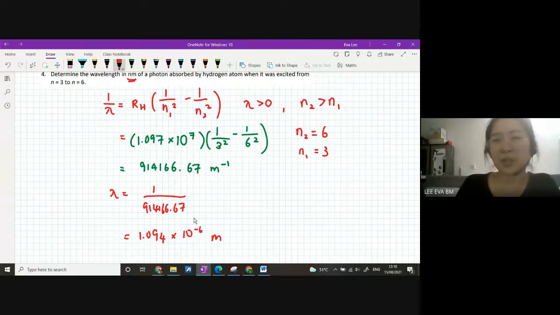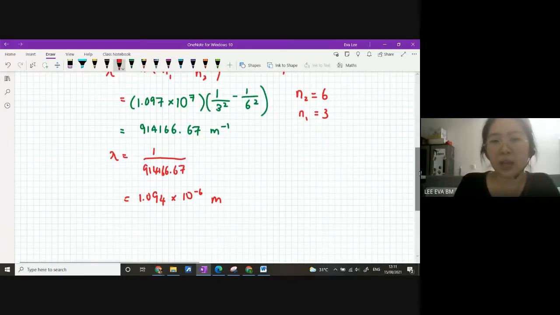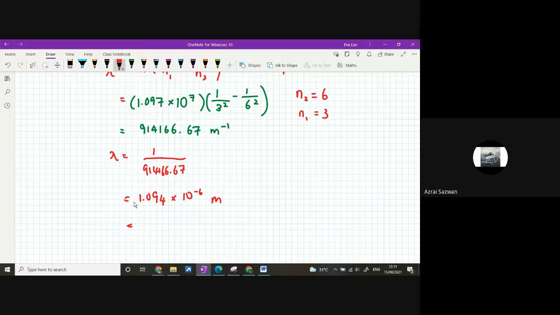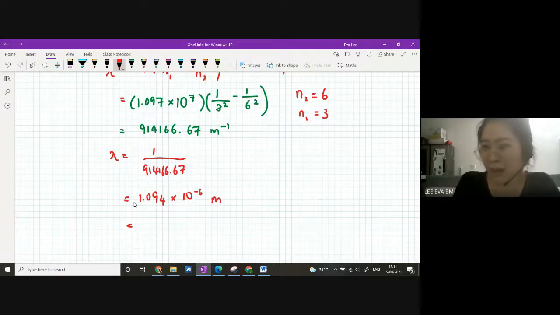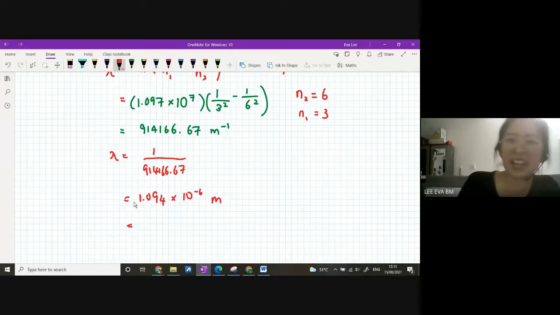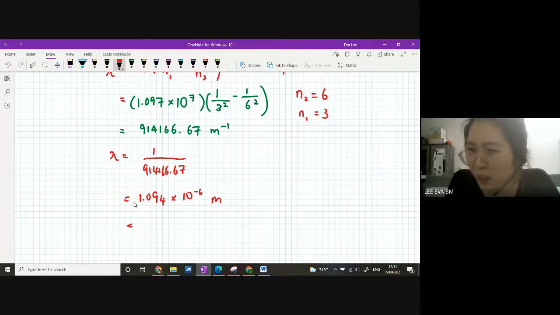So now the question is, we want to give your final value in terms of nanometer. So macam mana kita nak tukar kepada nanometer? How? Divide by 10 to the power of -9. Divide by 1 times 10 to the power of -9. So yang ini Madam rasa you all ada hafal sebelum ni kan?